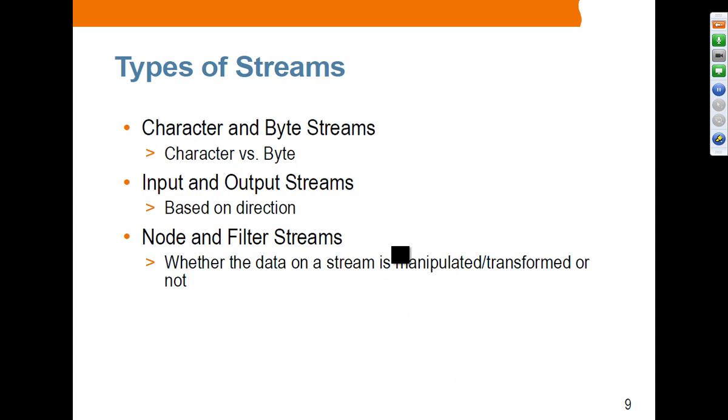That is the distinction based on direction. And then the third is something I already mentioned: whether data on a stream is manipulated or not. If it is being manipulated or transformed, it is called a filter stream, while if it is not being manipulated or transformed, then it is a node stream. You can use these three different categories to distinguish the types of streams.